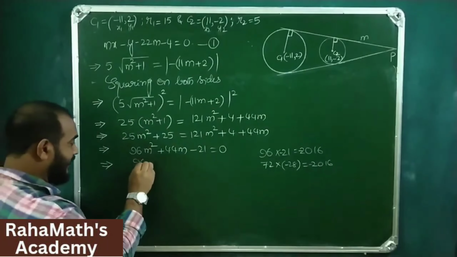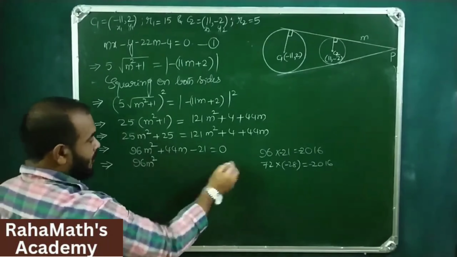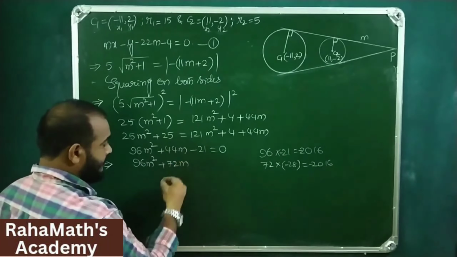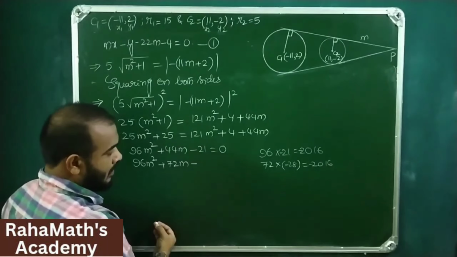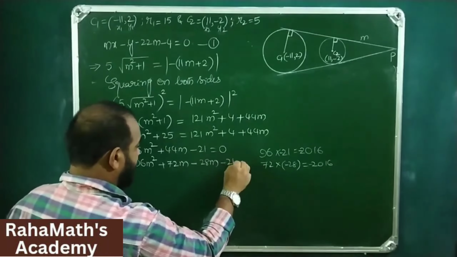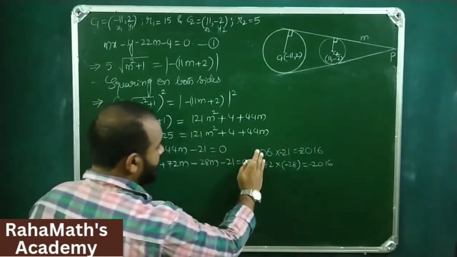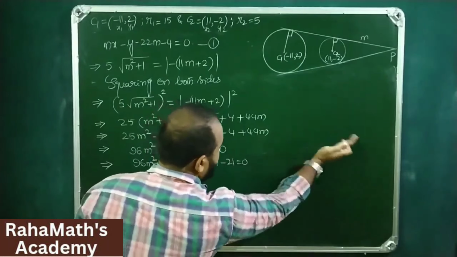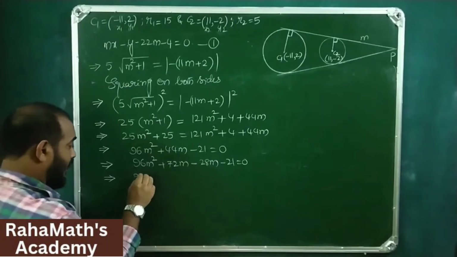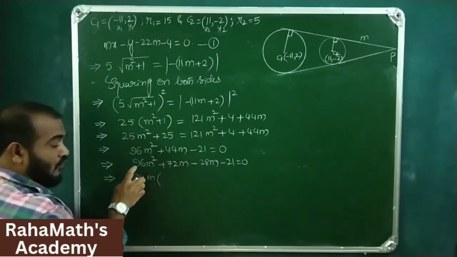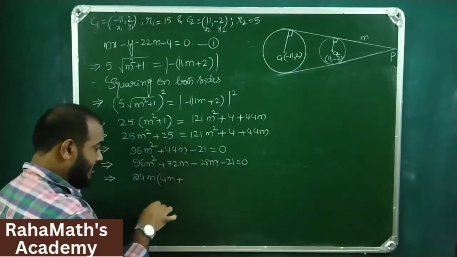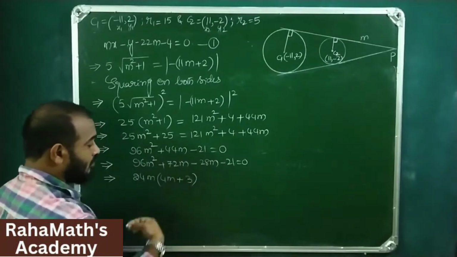So 96m square plus 72m minus 28m minus 21 equals 0. So let us try to solve this. Take 24m in common: 24 fours are 96, so 4m plus 24 threes are 72.